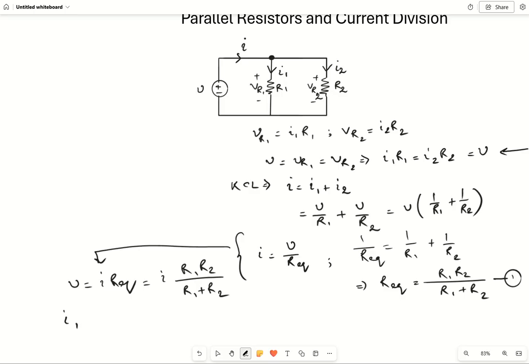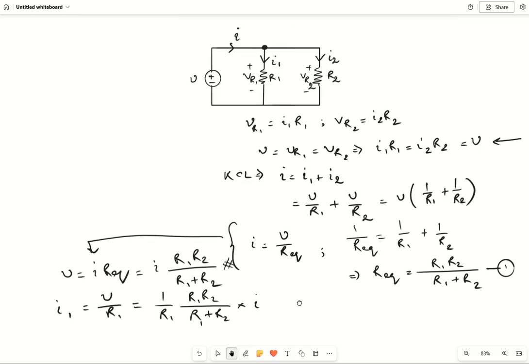Now what is our I1? I1 we have determined as V divided by R1. So now here in place of V we can write down this equation. So it will be 1 by R1 into R1 R2 whole divided by R1 plus R2, times I. I am putting I here.